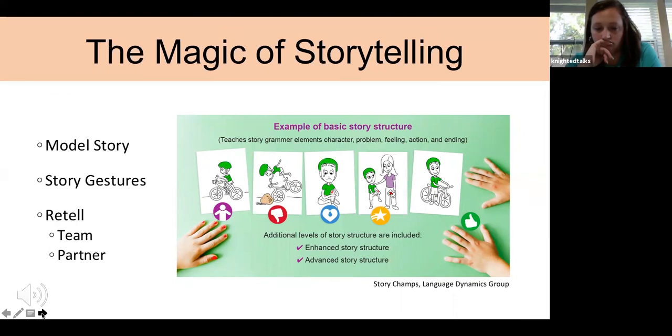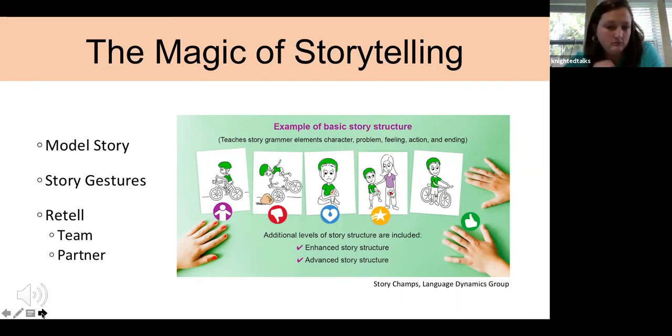Then you see a heart with the blue on the background, and that's his feeling. He feels sad. And the next one is the falling action, or what's going to happen after. You see he's getting a Band-Aid. And then at the end, you see he's fine, and he's standing, and he's ready to go. So that's the thumbs up.